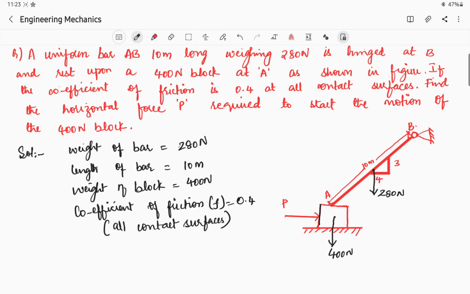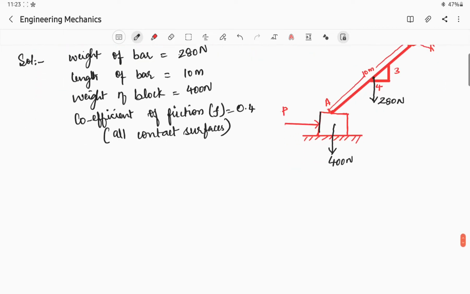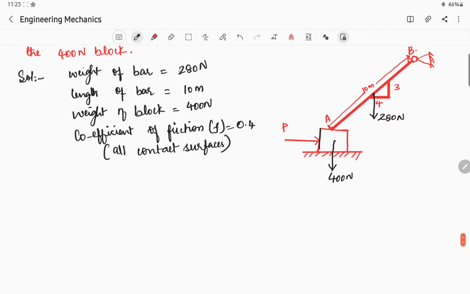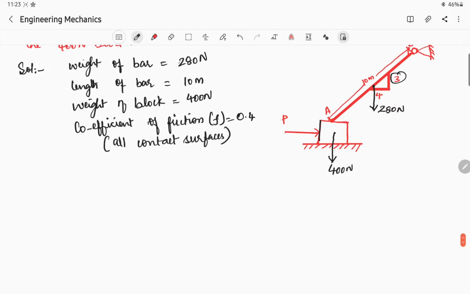Now what we have to do, we have to take down first the independent bar. Okay, I'll draw the bar AB here. So before that, what is the angle given to us here? This is 3 and this is 4. So if we consider this angle as theta, this also will be theta, right? So from this triangle, this is 3, 4 and theta.